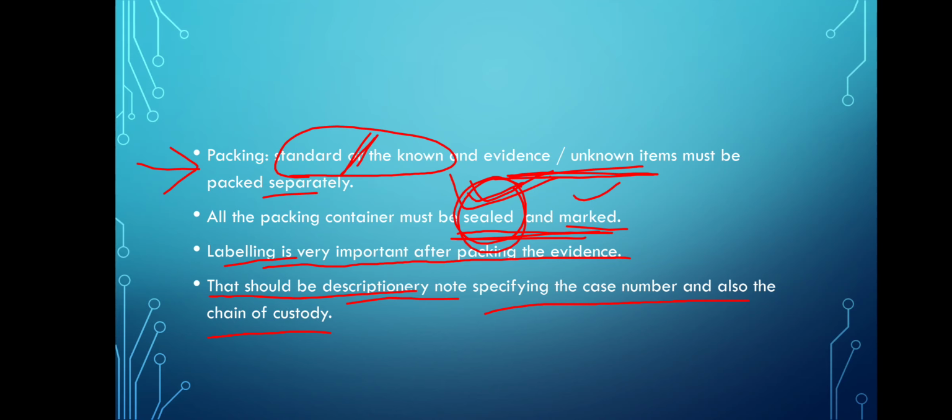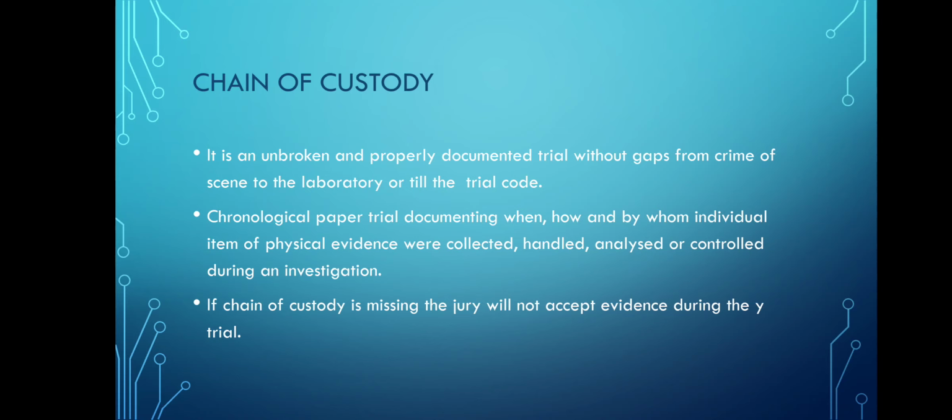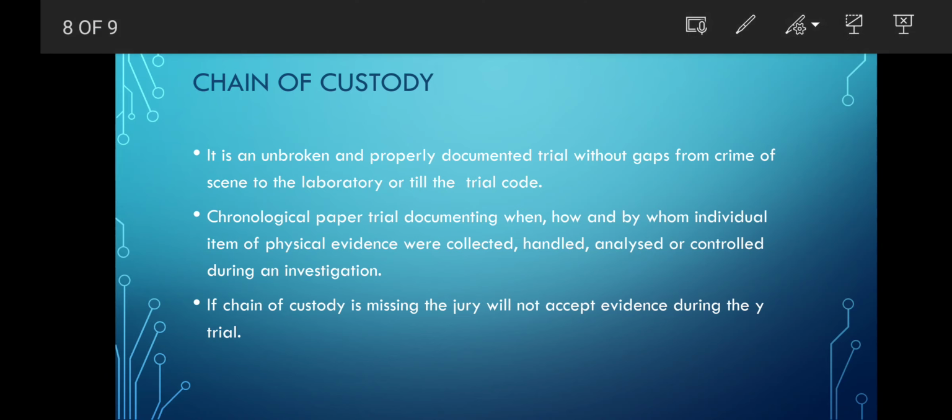So now let us see what this chain of custody means. So what is a chain of custody? It is an unbroken and properly documented trail without gaps from the crime scene till the laboratory or till the court of law.